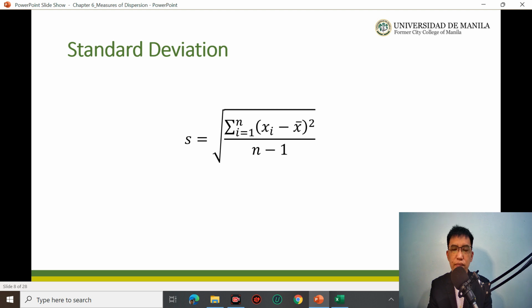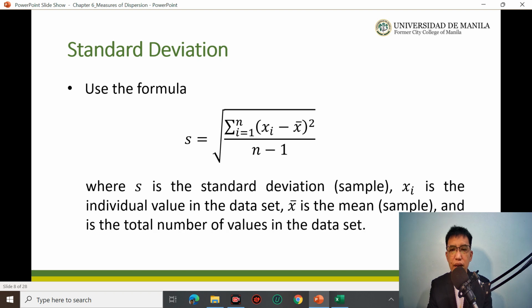We use the formula: s is equal to the square root of the summation of x sub i minus x bar, quantity squared, where i is from 1 to n, divided by n minus 1. Where s is the standard deviation for the sample and x sub i is the individual value in the data set. x bar is the mean for the sample, or the sample mean.